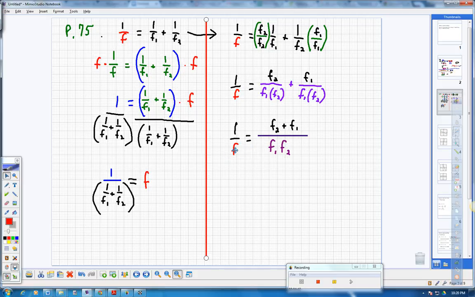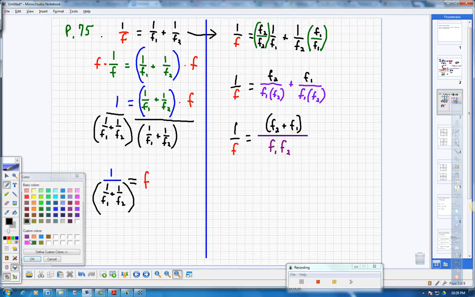So in a sense, what you would be doing is multiplying f times this quantity in the numerator, f sub 2 plus f sub 1, and multiplying 1 times this quantity in the denominator, f sub 1 times f sub 2. So what's that going to look like?